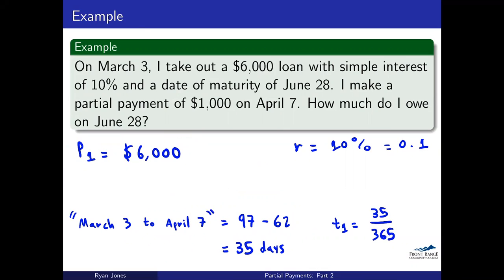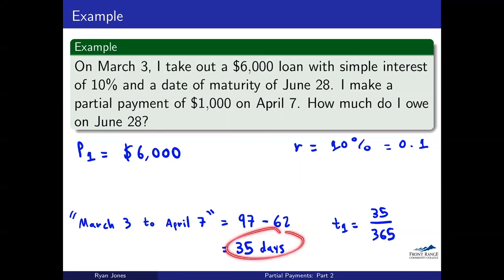What I do want to mention is that you can always very easily check this, right? Sort of thinking, if you had a calendar in your head, March 3rd to April 7th, that's a little bit more than a month. And obviously 35 days is a little bit more than a month. A month is typically 30, 31 days.